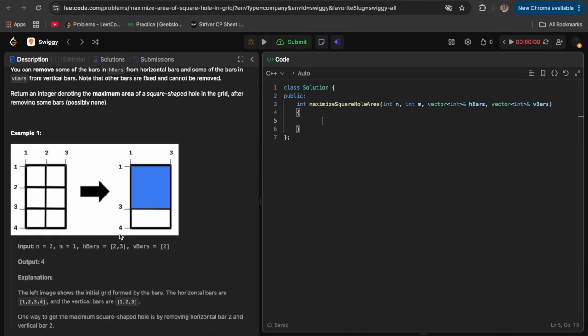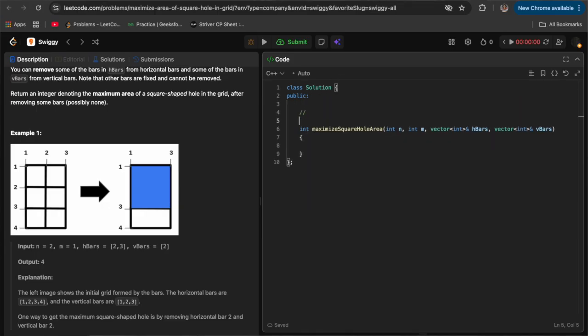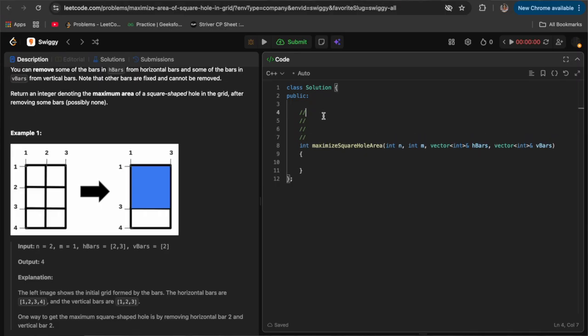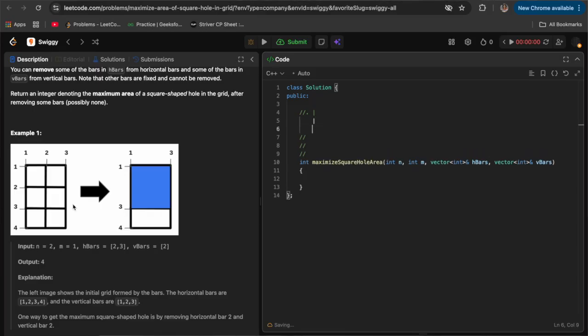So basically we can imagine it here. Let me draw something so that we can understand. If we have horizontal bars, I can draw them here. If they say four bars, then four bars.